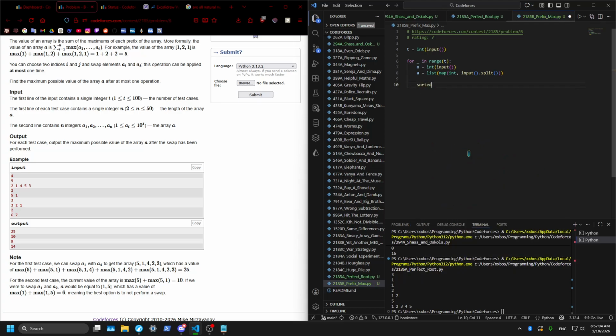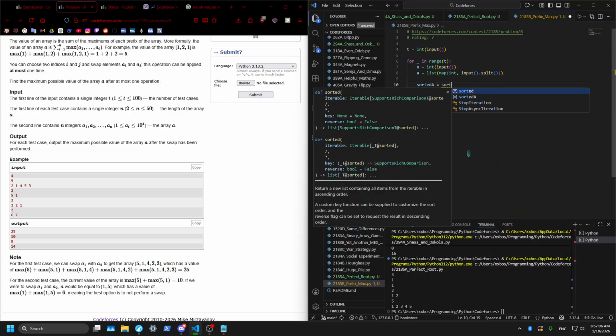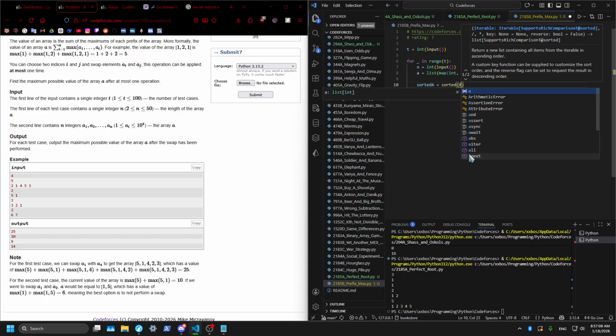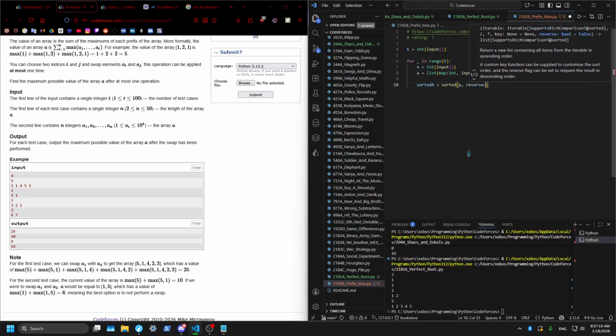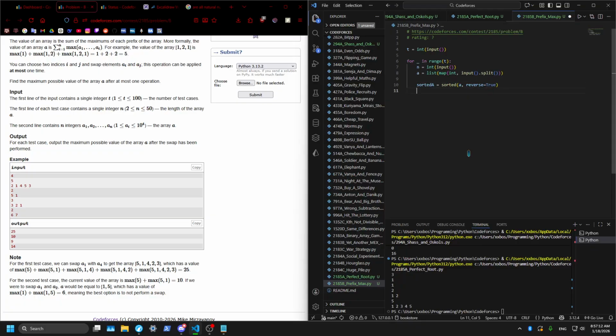Sorted A equals sorted A reverse equals true.